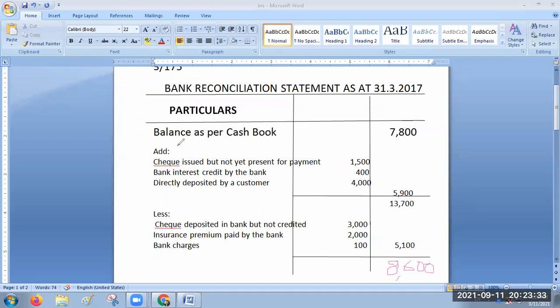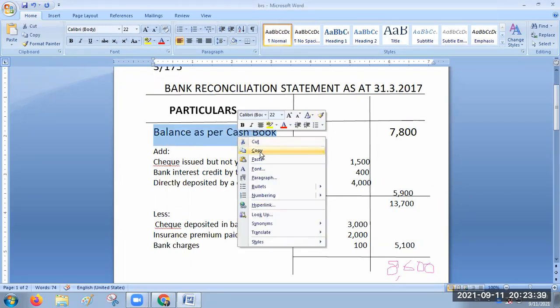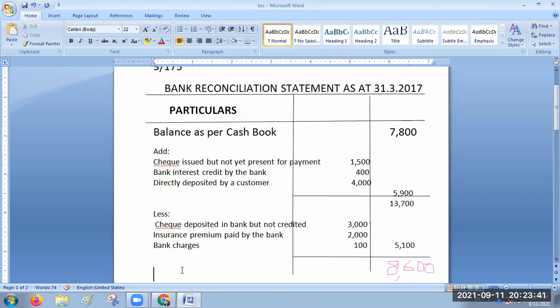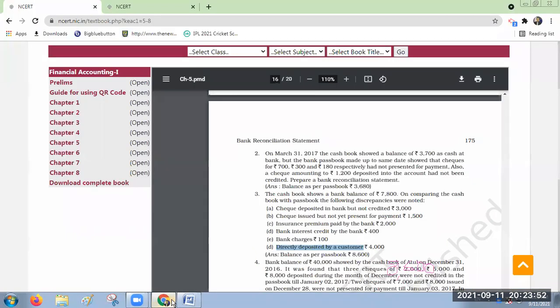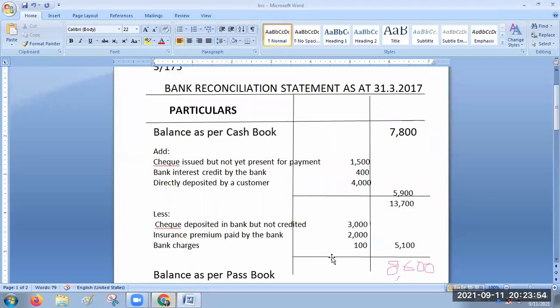So you have to write balance as per passbook. You have to mention. Like that, you have to mention. Okay. Yes, sir.